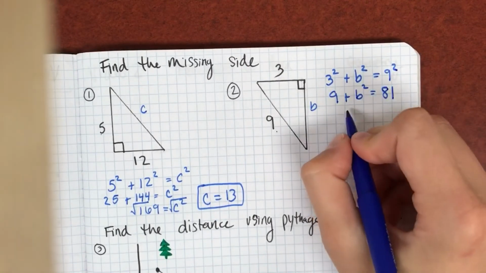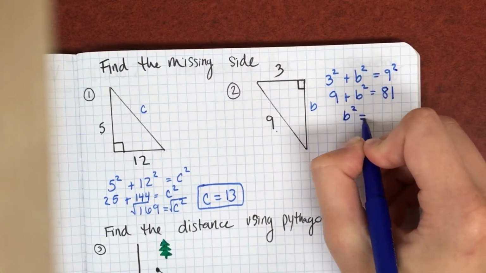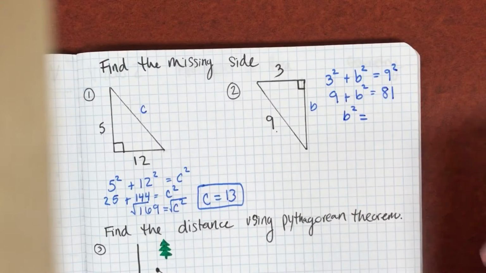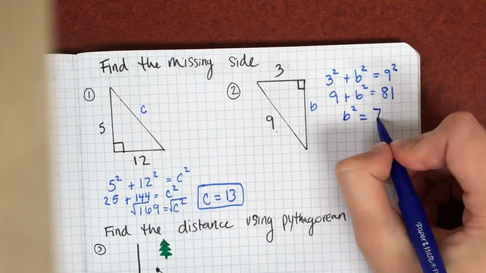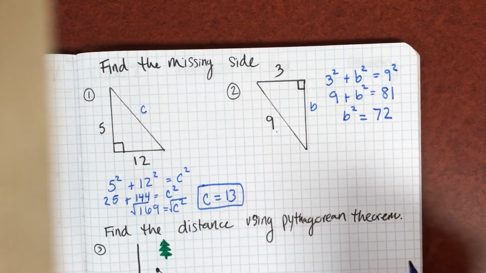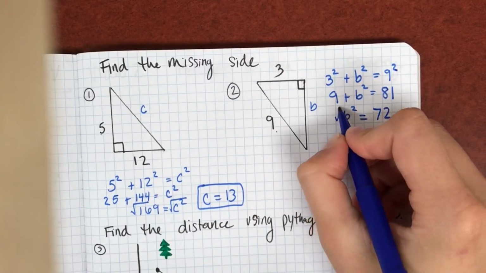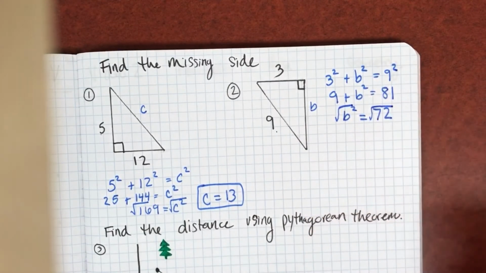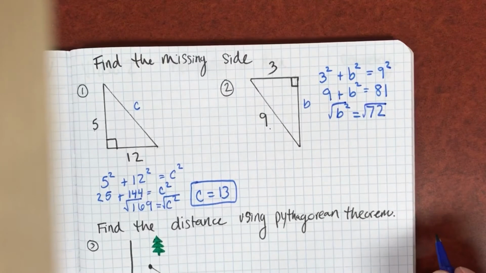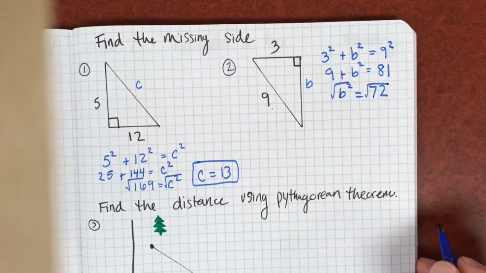Okay, solve for B squared, so rearrange it so that B squared is by itself, and then we can undo that square by square rooting. Remember, square roots and squares are inverses of each other.